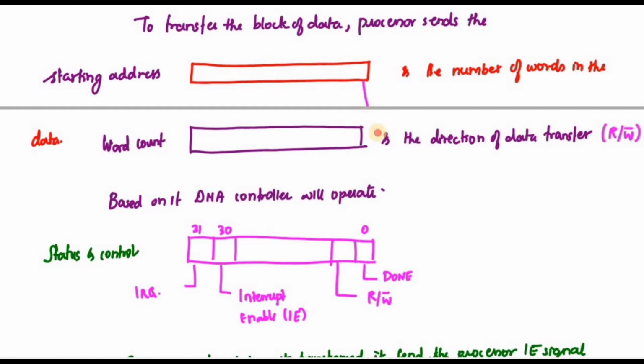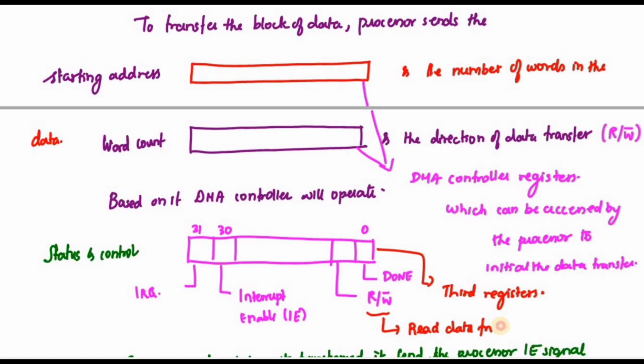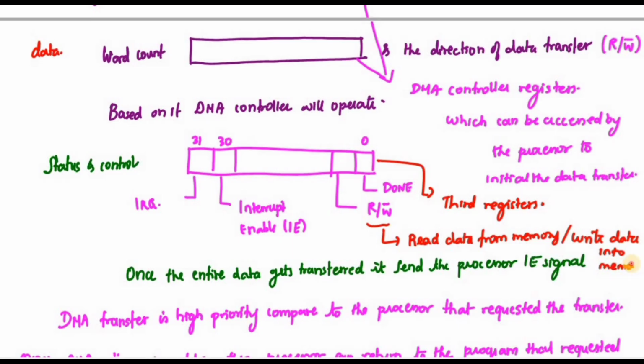Here, these two are the DMA control registers, which can be accessed by the processor to initiate the data transfer, and the third register is the status and control register. The read/write bit tells the direction in which the data gets transferred, reading data from the memory or writing data into the memory.